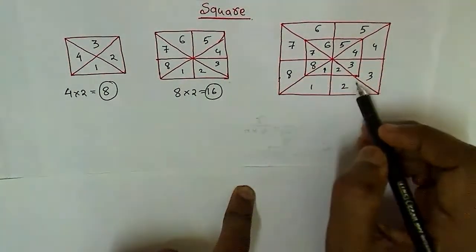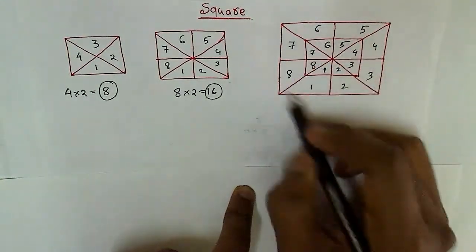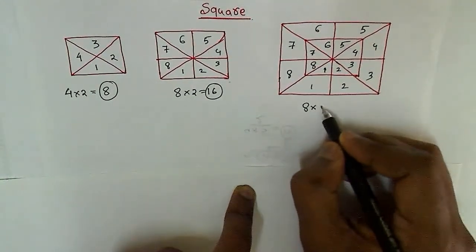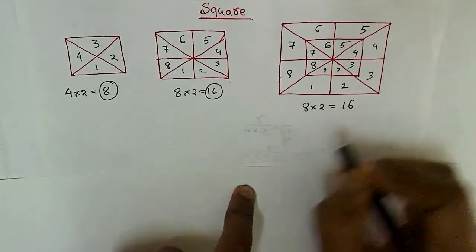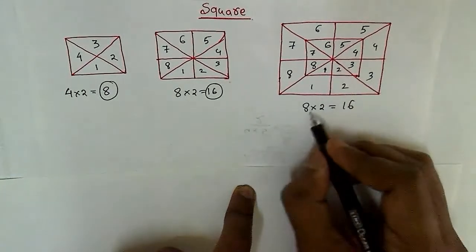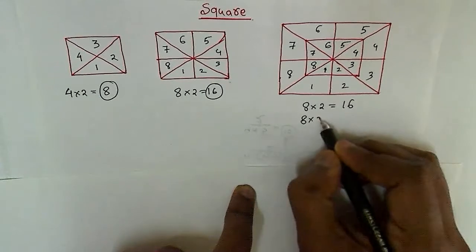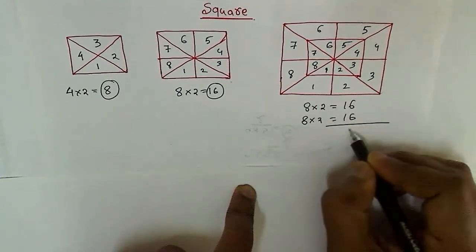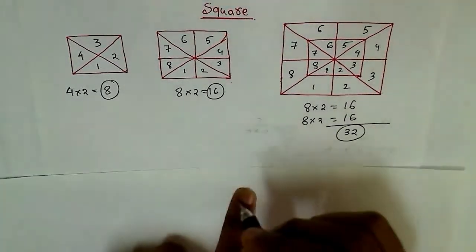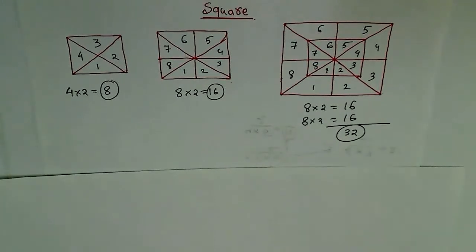Outside 8 and inside also 8. So for outside rectangle, it will be 8 into 2, that is 16. And for the inside rectangle, it is again 8 into 2, which is equal to 16. If you add these two, there will be 32 number of triangles.